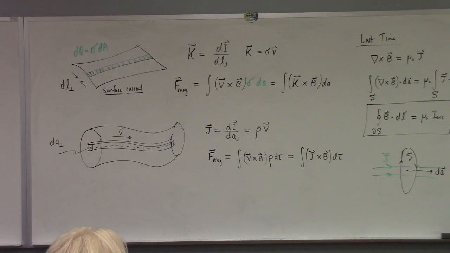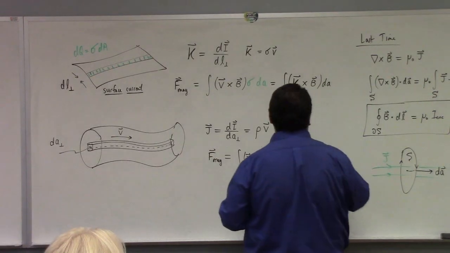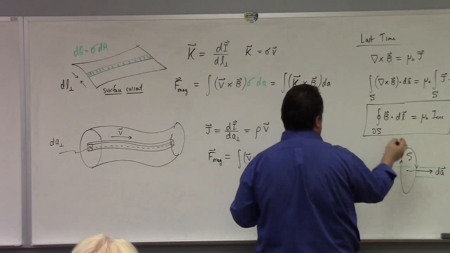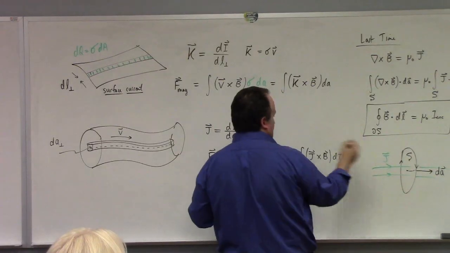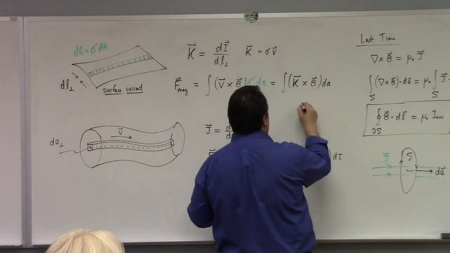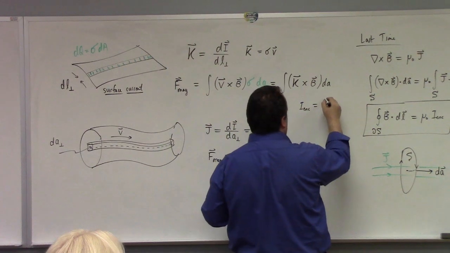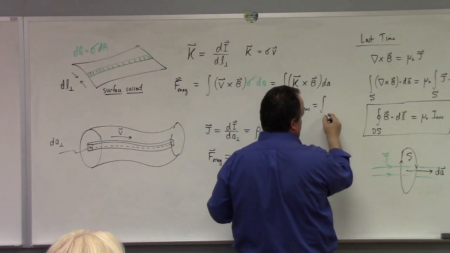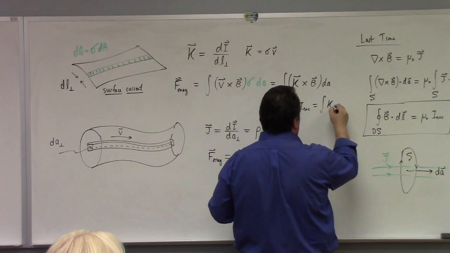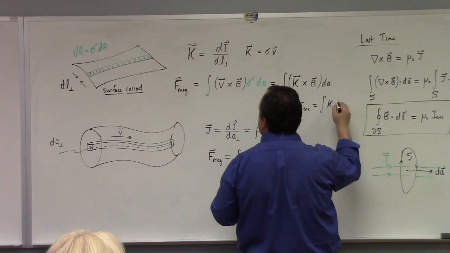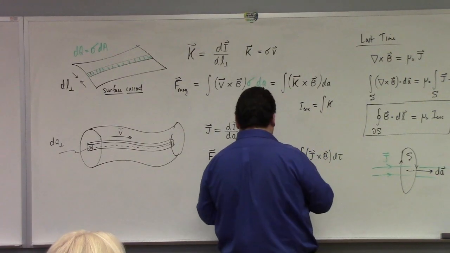But what I wanted to say is, to calculate the current enclosed, there's different things we do for different problems, right? In principle, current enclosed could be what? Like in this kind of situation, current enclosed could be the integral of K, well, let me stop that.